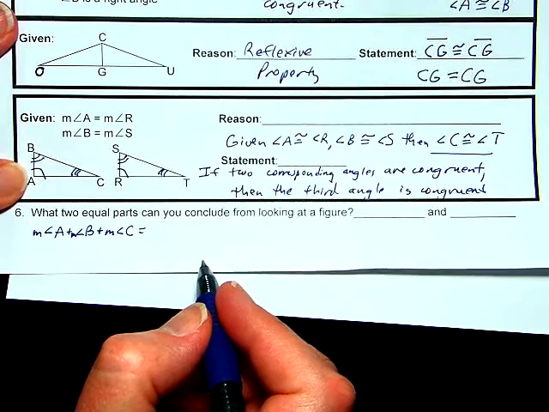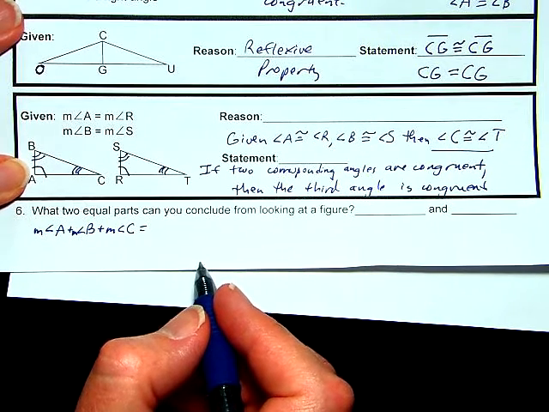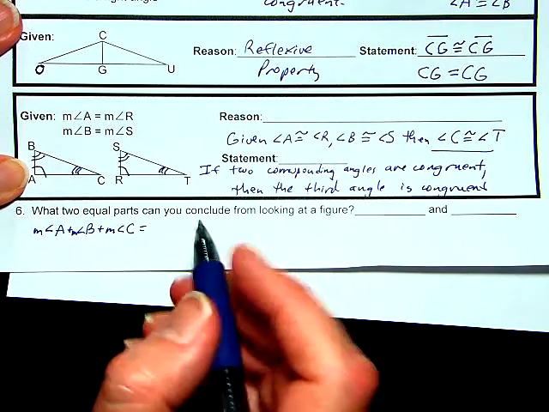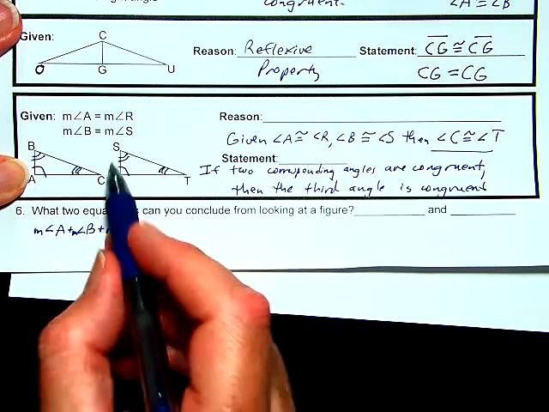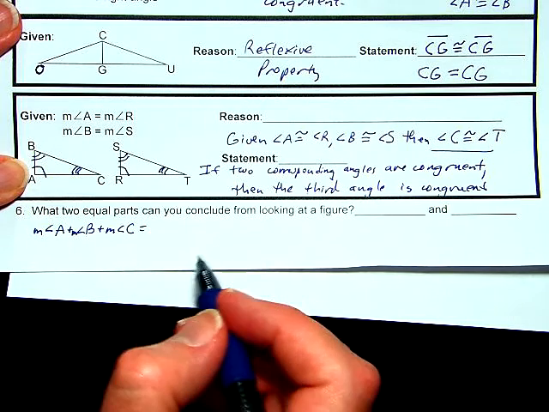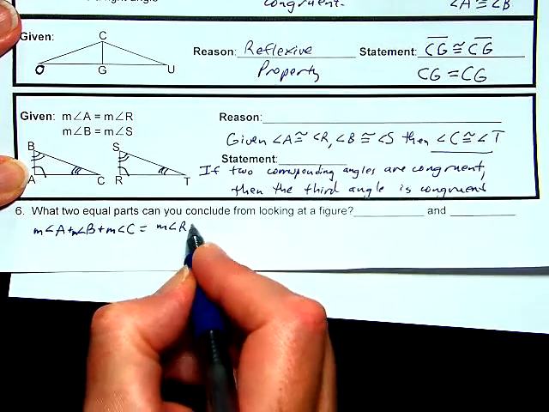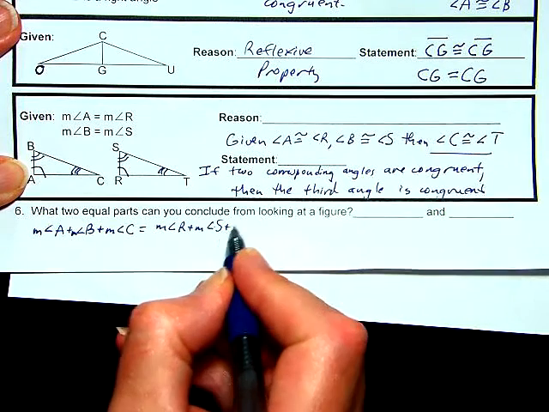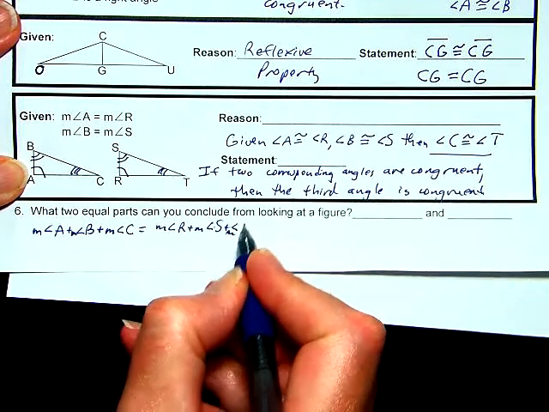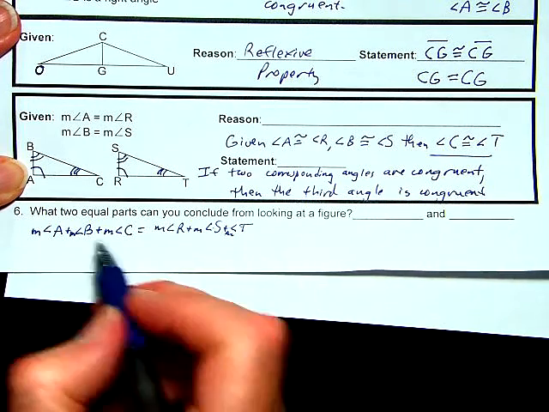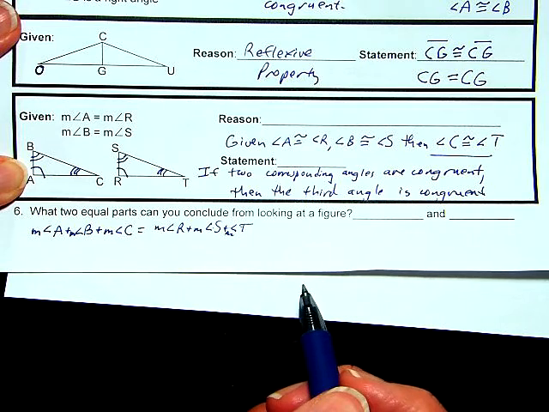I'm sorry, did I say 120? 180. And also the measure of these three angles have to also add up to 180. So the measure of angle R plus the measure of angle S plus the measure of angle T has to equal 180. And that means they're both equal to each other. If each of them is equal to 180, they're equal to each other.